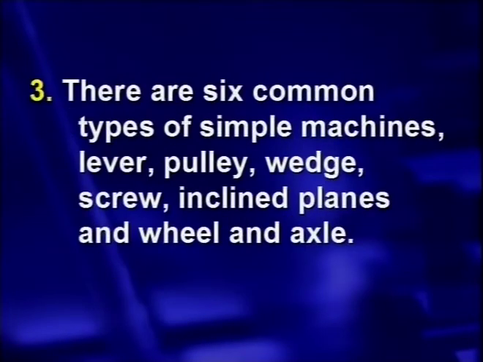The last summary point: there are 6 common types of simple machines. Lever, pulley, which is what you have just done in this lesson, wedge, screw, inclined plane, and wheel and axle.